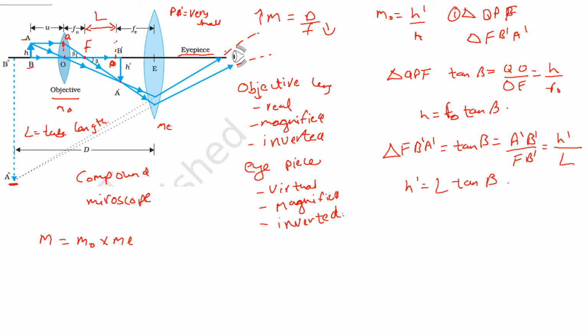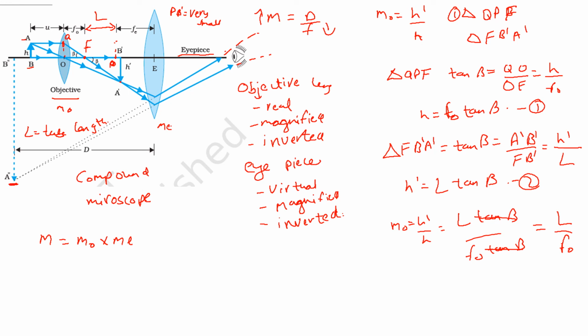Now if I put the values of equation 1 and equation 2 in the actual equation, then MO equals H dash upon H, which is L tan beta upon FO tan beta. Then tan beta can be cancelled, and MO will be equal to L upon FO, that is the magnification of objective lens.